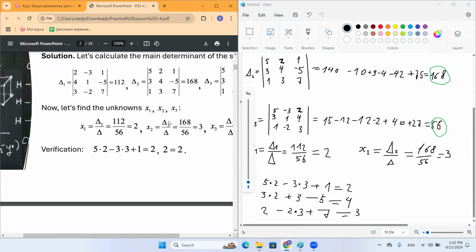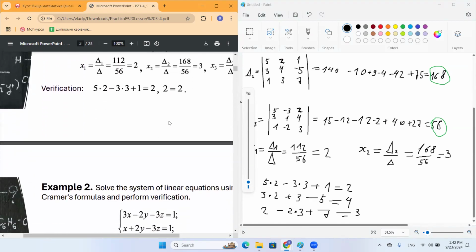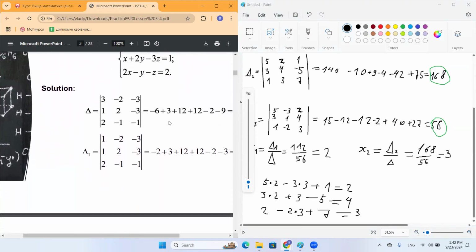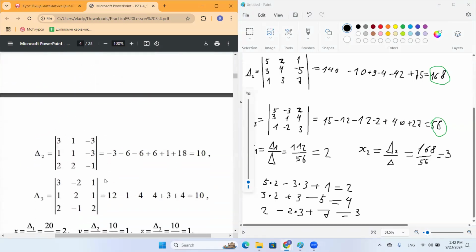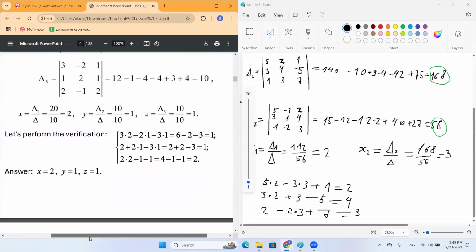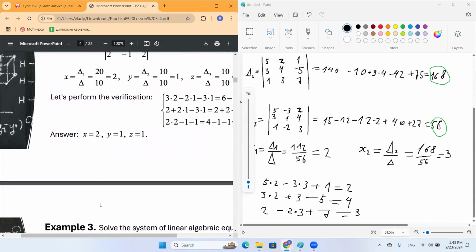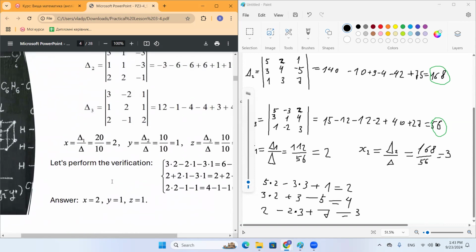So please check when you do your homework, your individual tasks, tests, and so on. Actually, this is an analogical example, so we will skip it for now, and you will do it at home. Or maybe if we have some time, we can return to it.